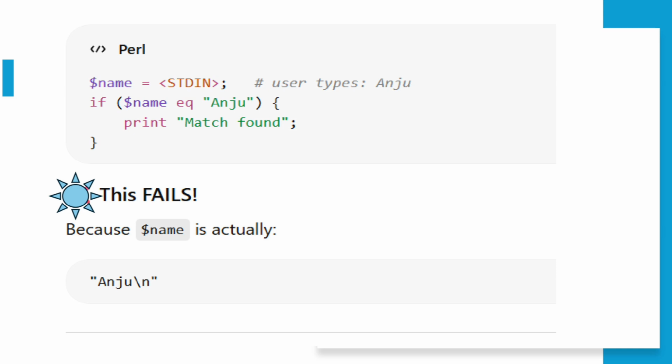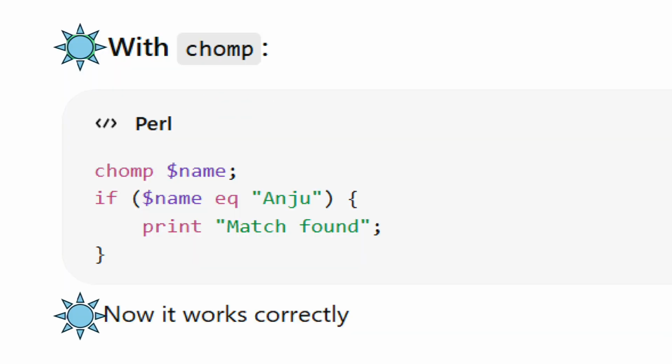But if I execute it, I find that my input is Anju\n, which is not equal to Anju, because whenever I take input from the user, \n automatically gets attached, or you can say the new line character gets attached to the input, right? So due to that, if I apply chomp to $name and then compare whether name is equal to Anju, then the match is definitely found, right? Due to this reason, we should use the chomp operator in Perl.